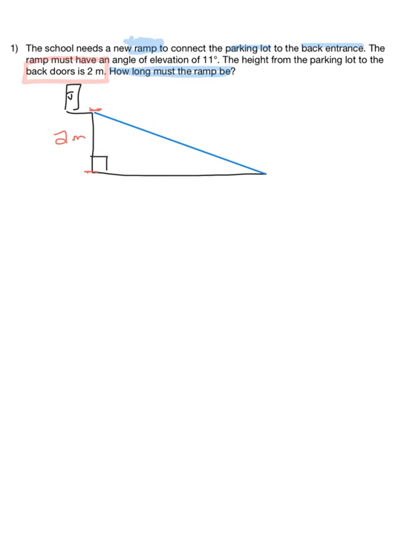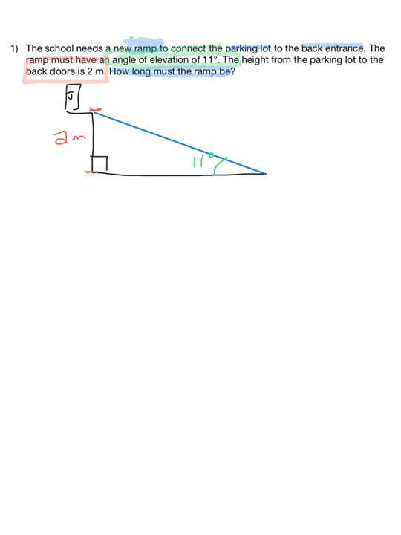We have one piece of information in the question that we haven't used yet, and that is that we have an angle of elevation of 11 degrees. So, we need to think about where an angle of elevation goes. Well, in this case, an angle of elevation would go from the ground up, so this would be 11 degrees.